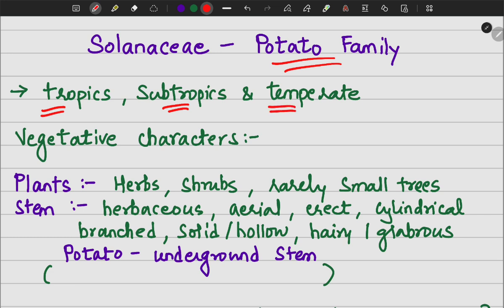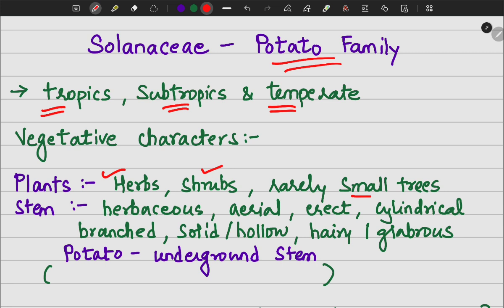Now let us look at the vegetative characters. The plants of Solanaceae family are usually herbs or shrubs and rarely small trees. If we talk about the stem, then the stem is herbaceous, it is aerial. The stem is herbaceous and rarely woody.